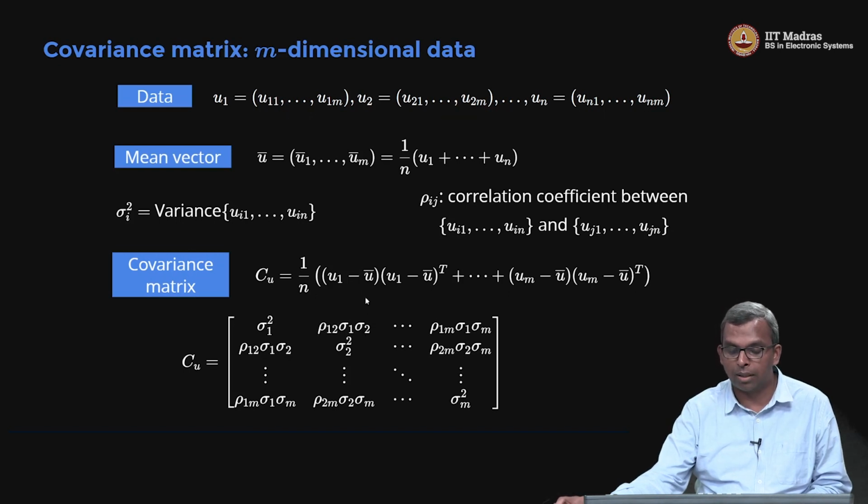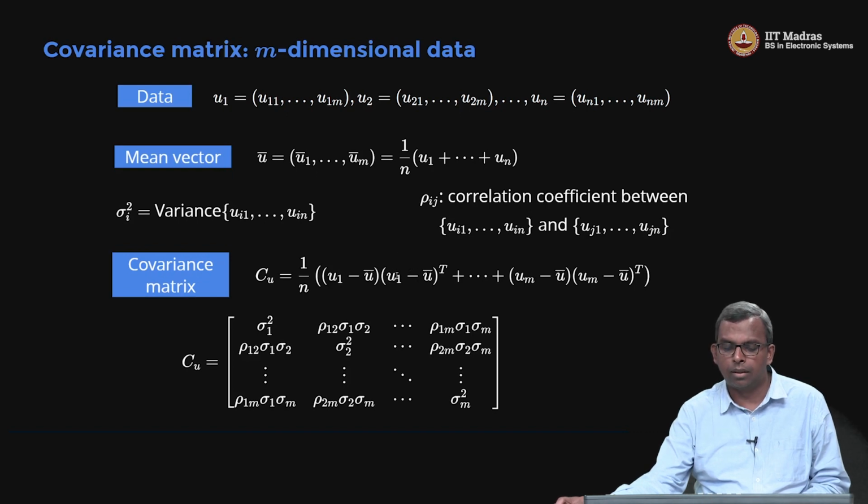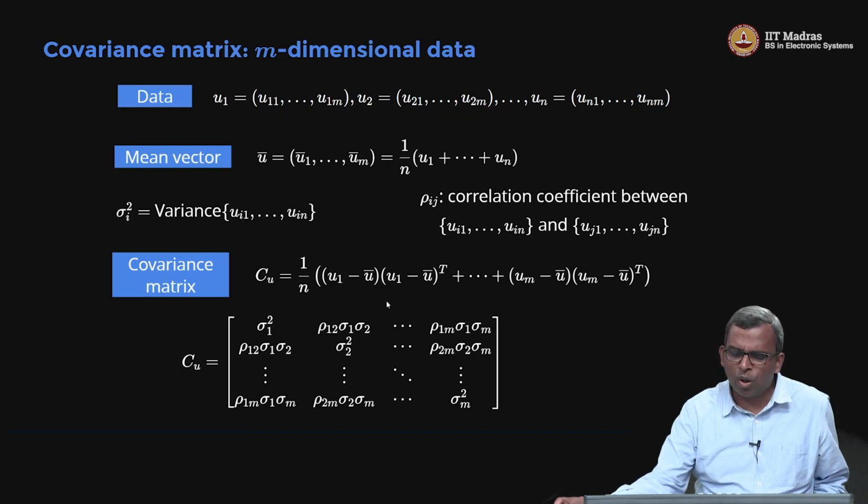Okay, so if you look at the 1 comma 2th entry, it's going to be u11 minus u bar 1 multiplied by u12 minus u bar 2 and all that, right? So that will give you rho 12 times sigma 1 sigma 2.